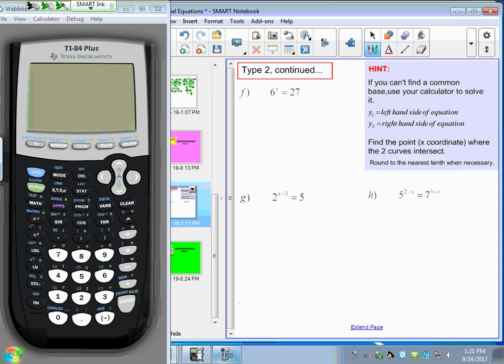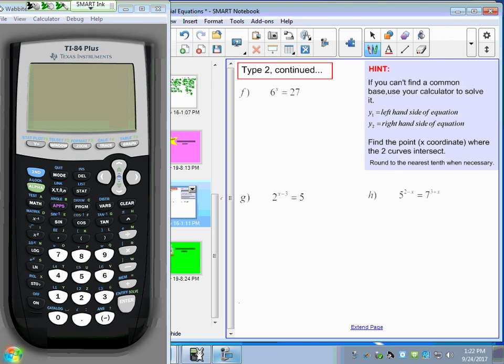All right, let's skip E and move to F. I'm also going to teach you a bit of a hint how you can check your answers. However, you need to make sure that you know how to do it algebraically, because you will be asked on quizzes, tests, and your diploma to be able to do it algebraically.